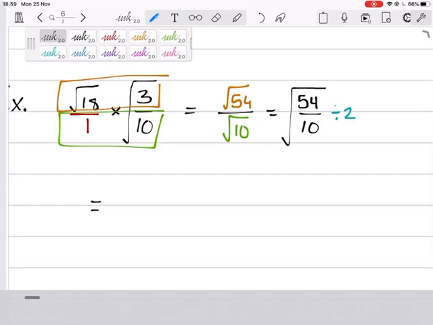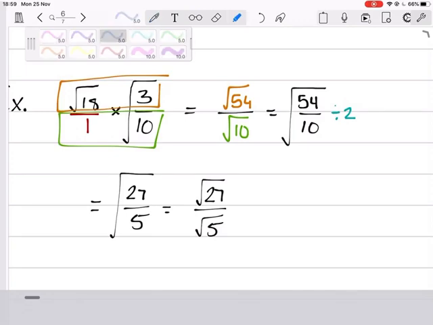So then when I reduce by 2, that means on top I've got 27 and then a 5. So I can't reduce 27 and 5 anymore, so I'm going to separate it. So 27 and square root 5. So from here, I don't like that I have the radical on the bottom. I also don't like that I can't take the square root of 27, but I could possibly reduce it.